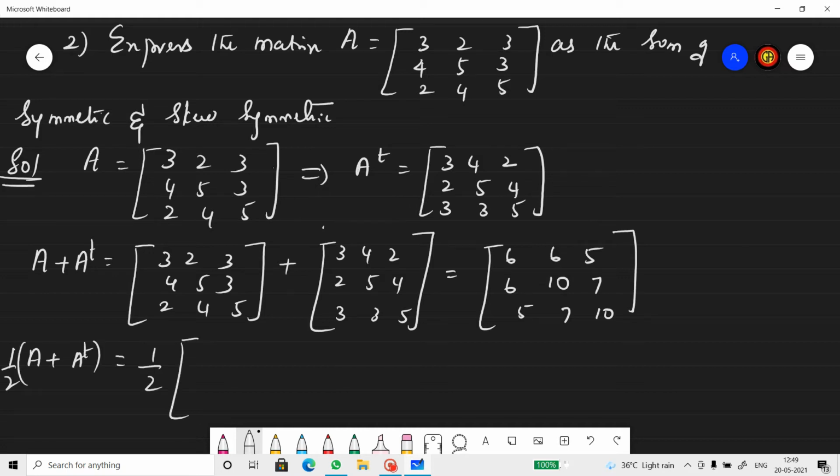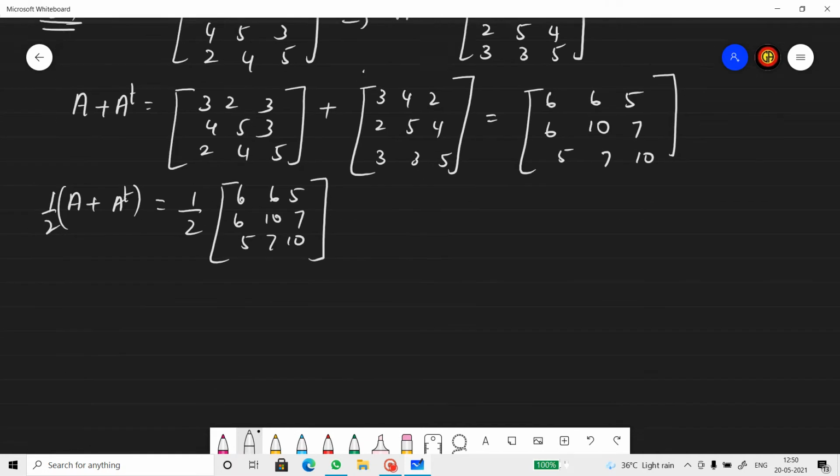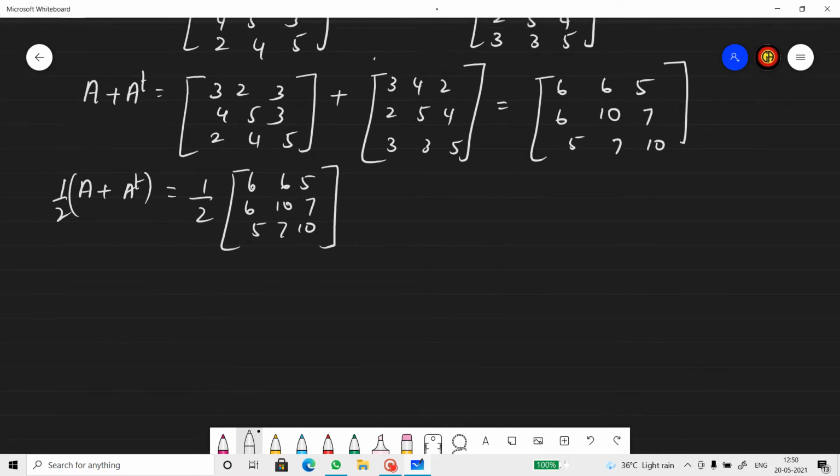So half times 6 6 5, 6 10 7, 5 7 10. Alright, if you want you can divide. I'm not dividing here because some of the numbers are not divisible by 2, like 5 and 7, so I'm keeping it as it is.